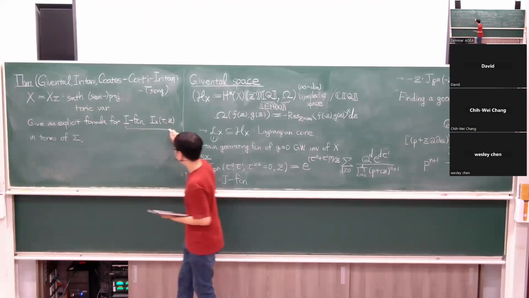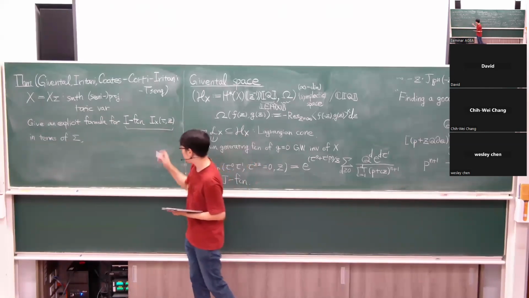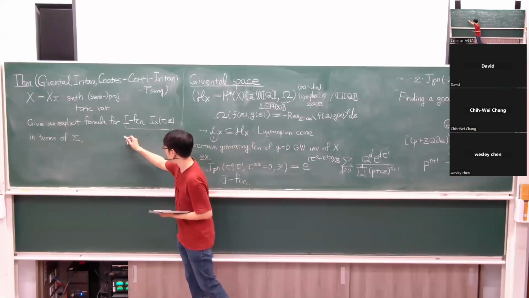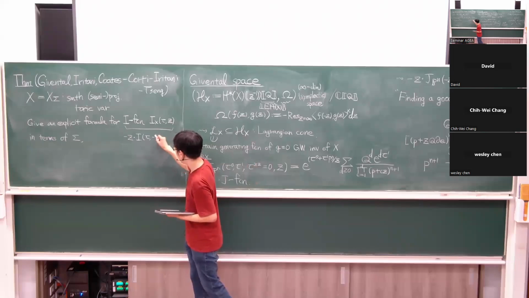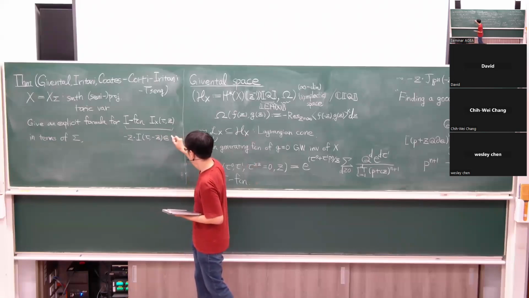The I function means some function that gives a point on the Lagrangian cone.